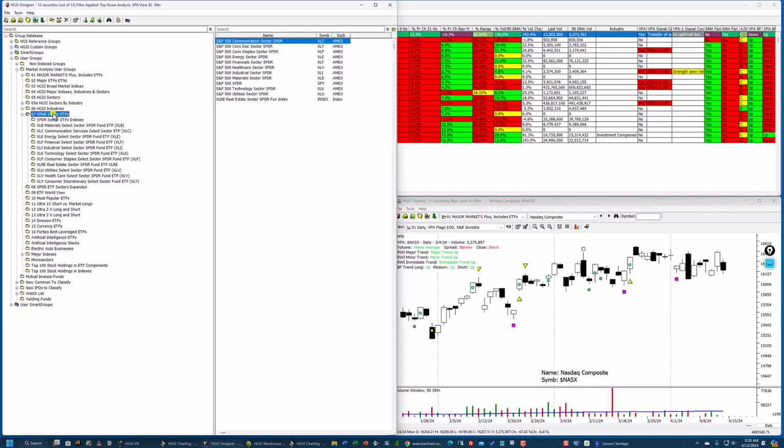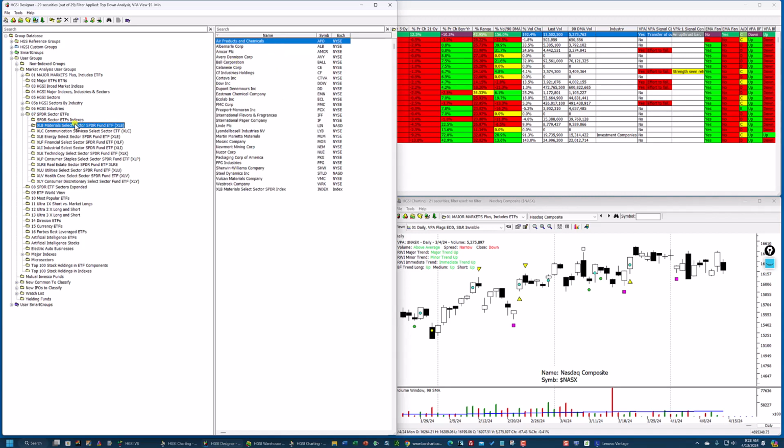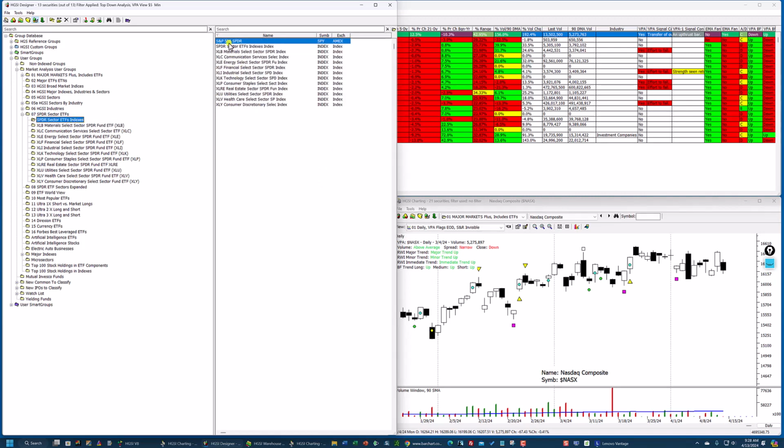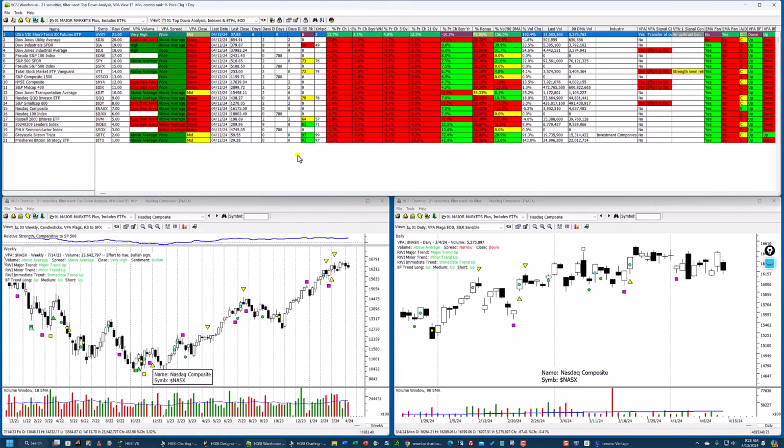Now also, by doing this and adding the individual stocks, as you can see over here, indexes are generated. So these can be analyzed directly in the warehouse view, and I'll get around to that in a few minutes. Okay, here's what the broad markets look like.